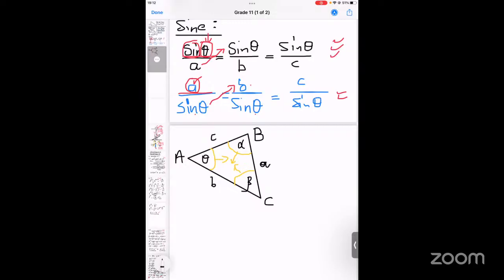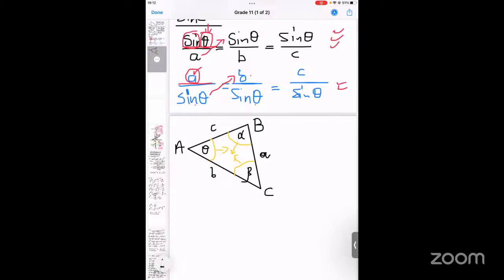So how that formula works for the sine rule: if you say sine of angle A, what is angle A? Angle A is theta. Therefore, the angle you're going to substitute is theta, then you must say over the opposite side, which is small a, the side opposite that angle.